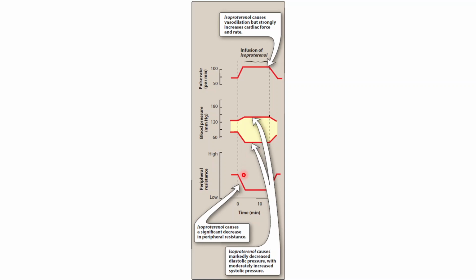It decreases the peripheral resistance because of the action on the beta-2 receptors in the vasculature of the skeletal muscle. Isoproterenol is used as a bronchodilator because of the beta-2 effect. The adverse effects are the same as for epinephrine.